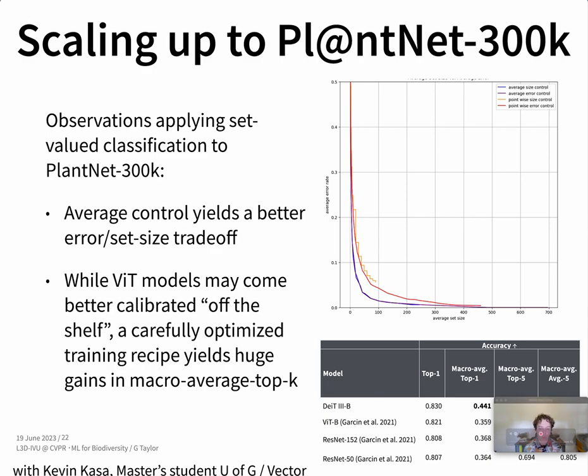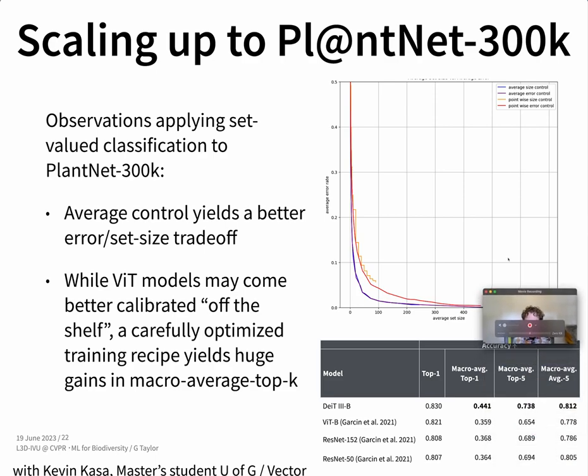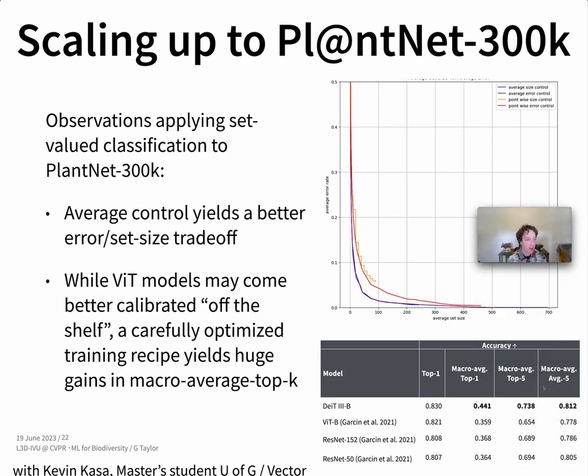And I'm going to just move my video up here because it's a little bit hard to see these results down here. So while the ViT models might come better calibrated off the shelf, a carefully optimized training recipe that we find in the form of the data efficient image transformer called DeiT actually yields pretty huge gains in terms of macro average top 1 and top 5.